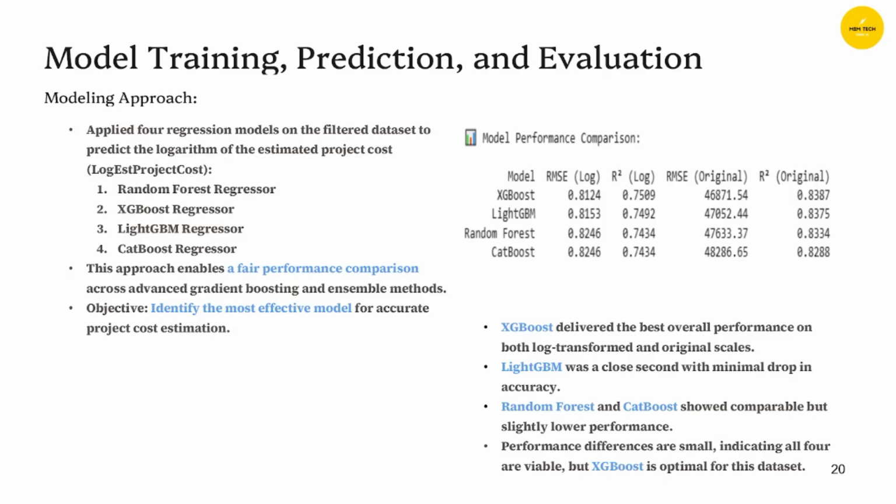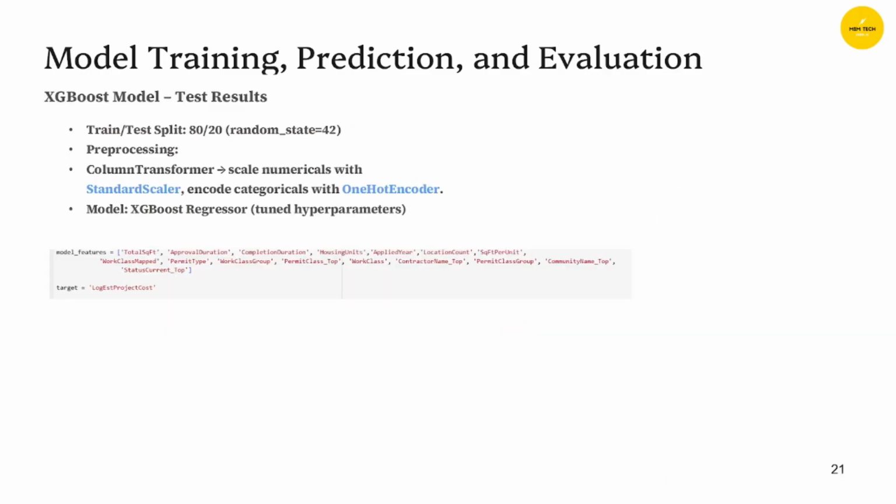LightGBM was a close second with minimal drop in accuracy, and Random Forest and CatBoost showed comparable but slightly lower performance. The performance difference, although very small, indicates all four are viable, but XGBoost is optimal for this dataset. So we are moving ahead with XGBoost.